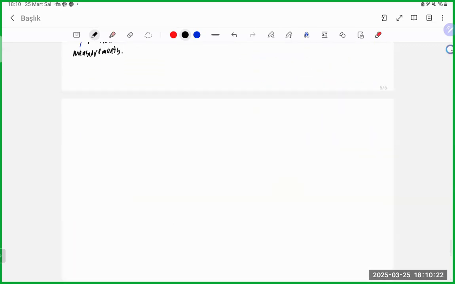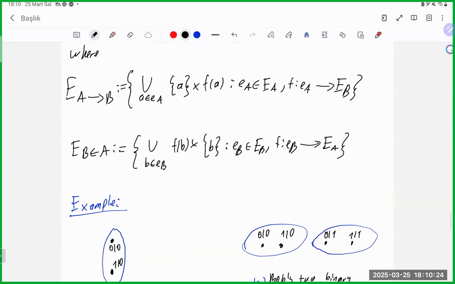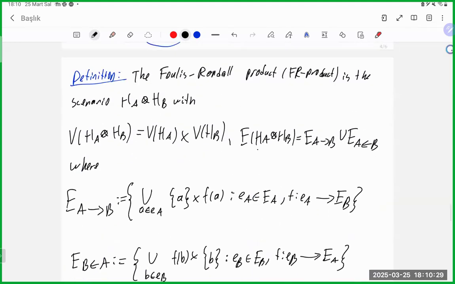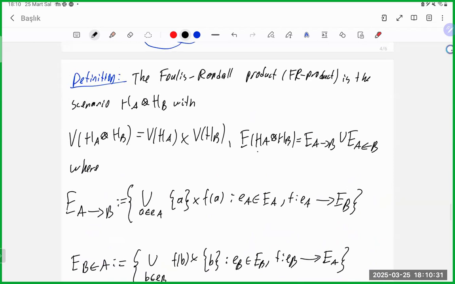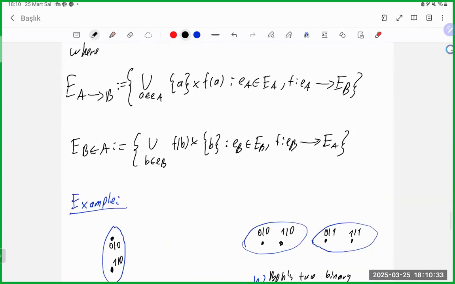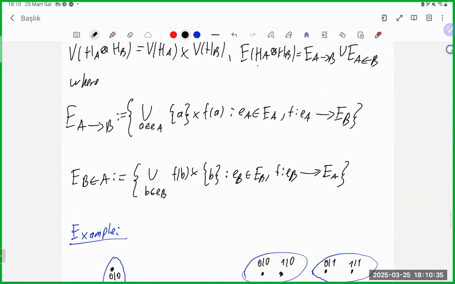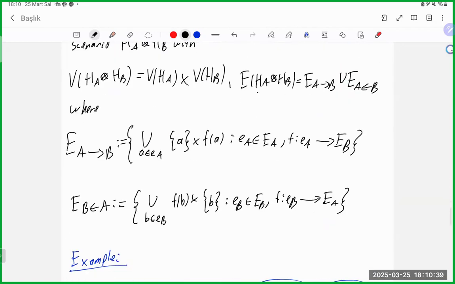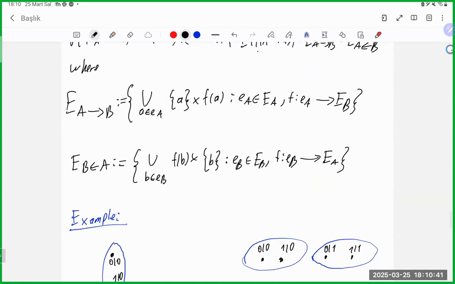So I want to make a comment. The union of those two measurements actually gives the direct product also. We can think of the direct product as Bob's measurement choice not depending on the measurement outcome of Alice.